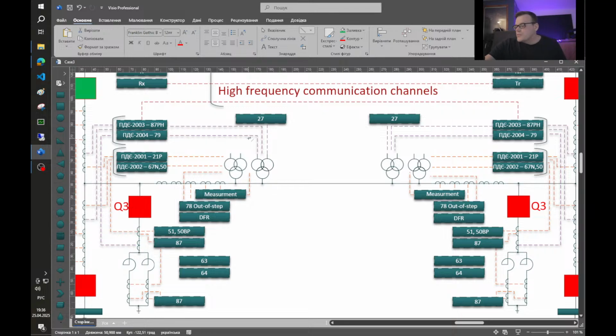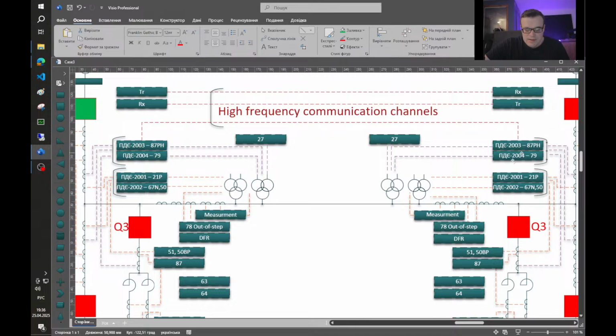And after I believe 7 seconds it trips all the line with sending to the opposite end a tripping signal.